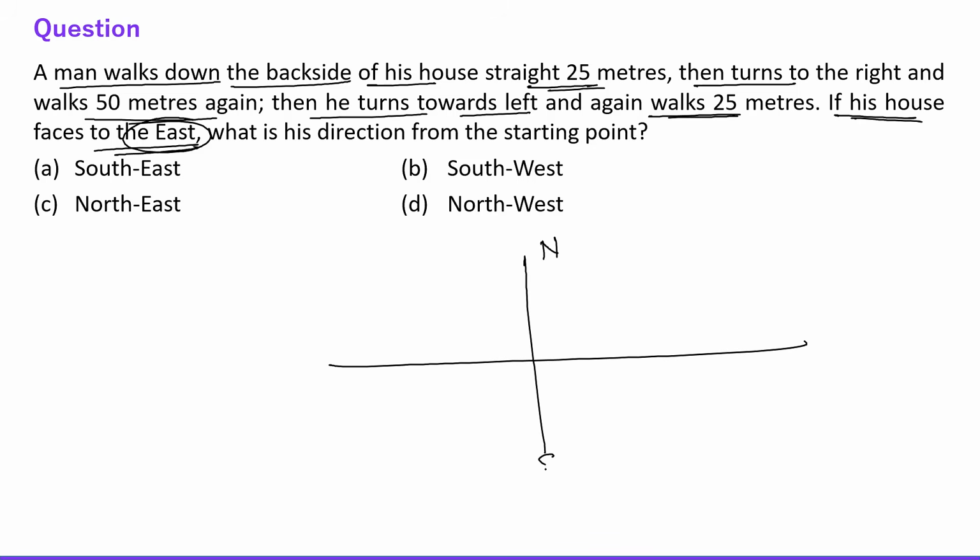North, south, east, west. Let's say this is his house, which faces to the east, and he is going backside. He walks down the backside of his house 25 meters.